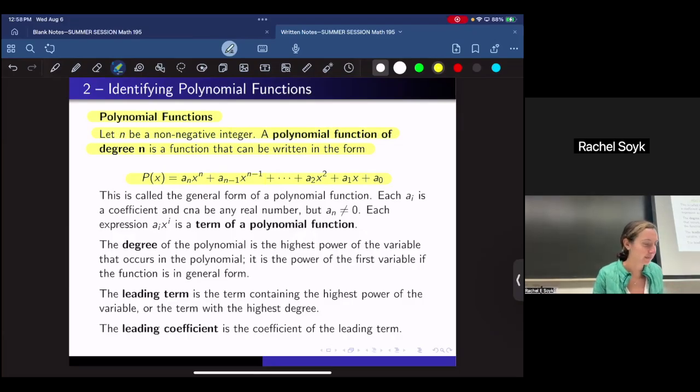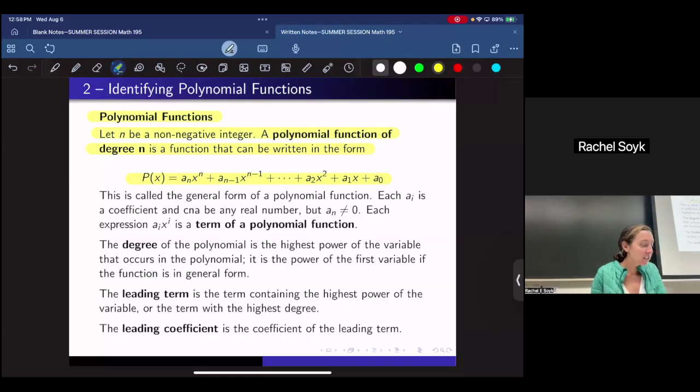Polynomial functions, let n be a non-negative integer. A polynomial function of degree n is a function that can be written in the form p of x equals a sub n x to the n, plus a sub n minus 1 times x to the n minus 1, plus dot dot dot, plus a sub 2 x squared, plus a sub 1 x, plus your constant.